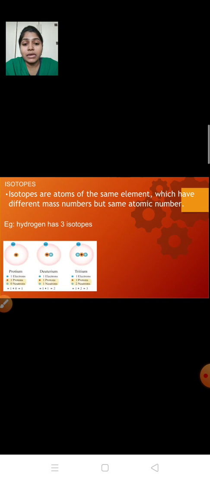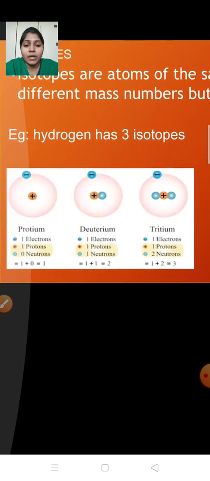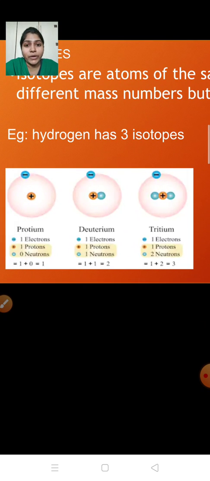Hydrogen has 3 isotopes. Over here there are 3 types of hydrogen. We name them as protium, deuterium, tritium. The first one, protium, the number of electrons is 1, protons is 1 and it has no neutron. So the mass number is 1.